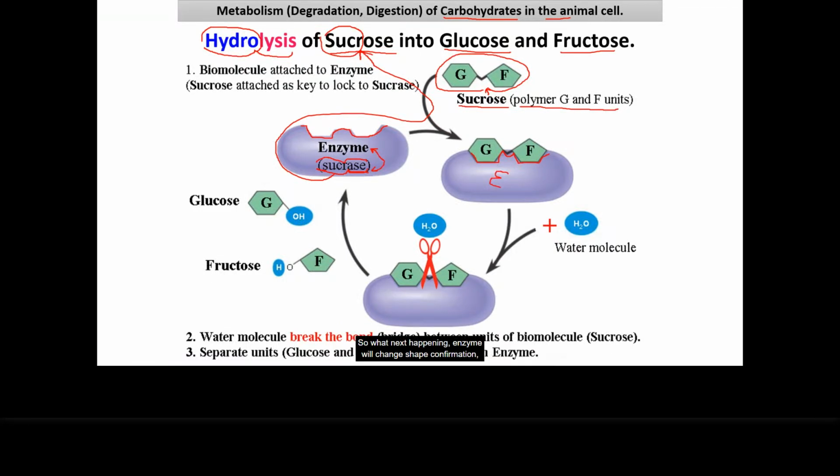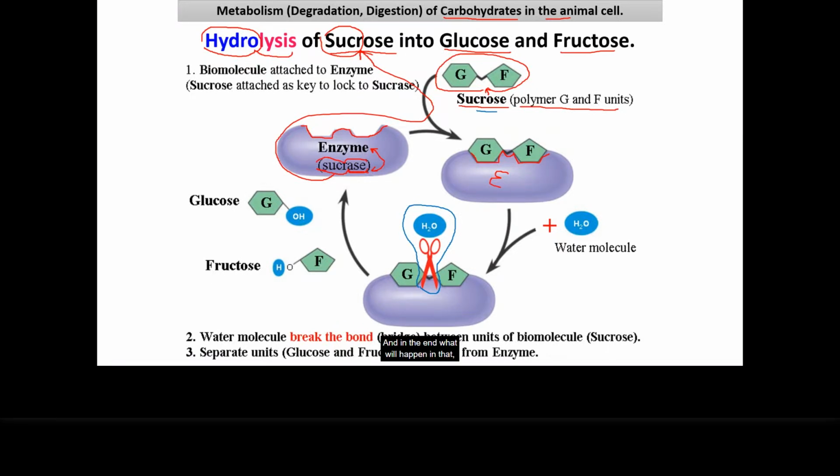So what happens next? The enzyme will change shape, conformation, and because water is available everywhere in our cells, a water molecule will be used to break down this connection. This is what is shown in here, how a water molecule breaks down the connection between glucose and fructose units inside of the sucrose molecule.